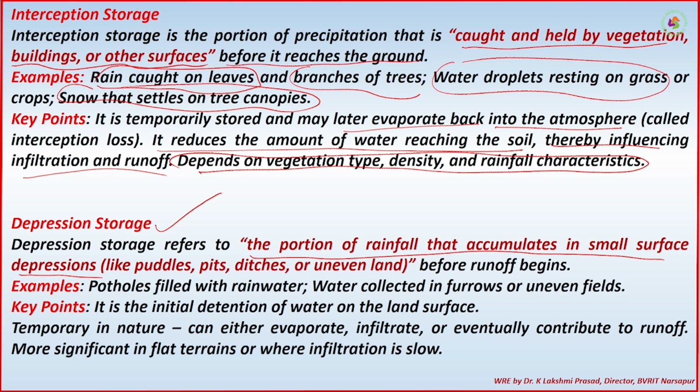It is the portion of rainfall that accumulates in small surface depressions like puddles, pits, ditches, uneven land. If the topography is uneven, even in the lower portion, if a small quantity of water is stored, that is depression storage. Examples are potholes filled with rainwater, water collected in furrows or uneven flats. Again, this is a very small quantity and very temporary in nature.